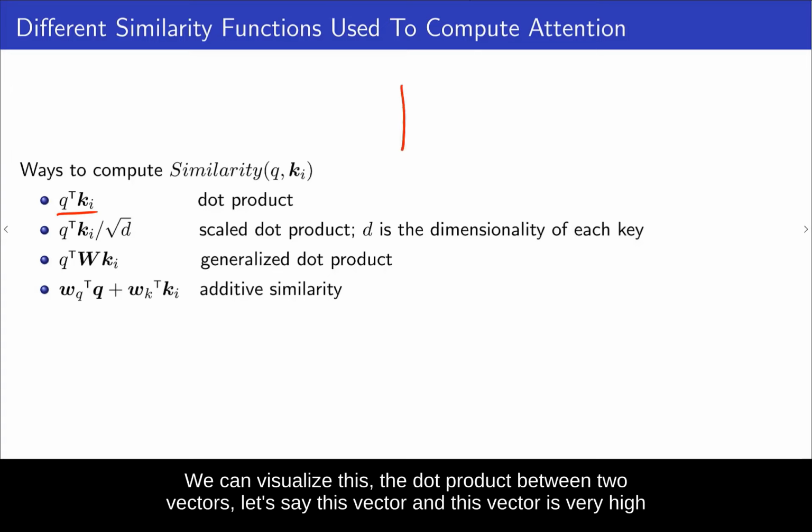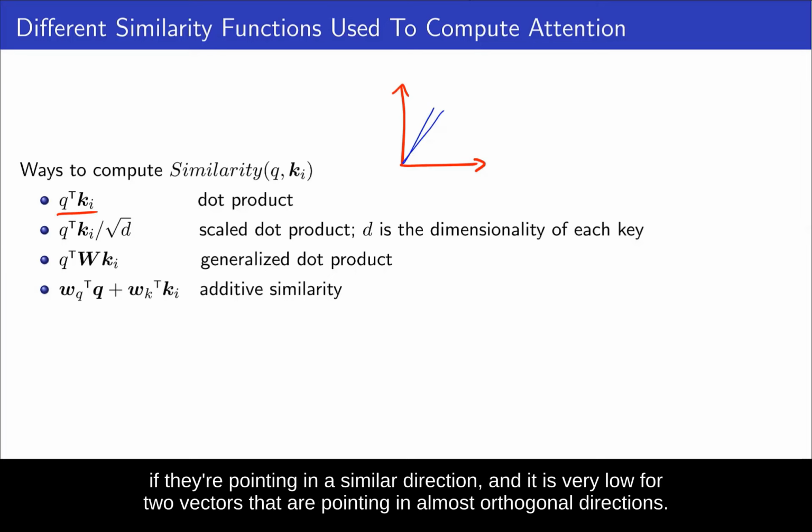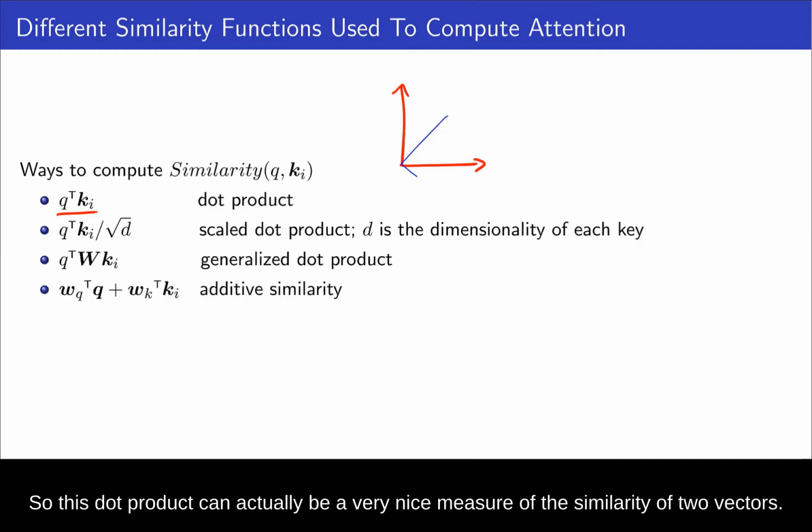We can visualize this, the dot product between two vectors. Let's say this vector and this vector is very high if they're pointing in a similar direction, and it is very low for two vectors that are pointing in almost orthogonal directions. So this dot product can actually be a very nice measure of the similarity of two vectors.